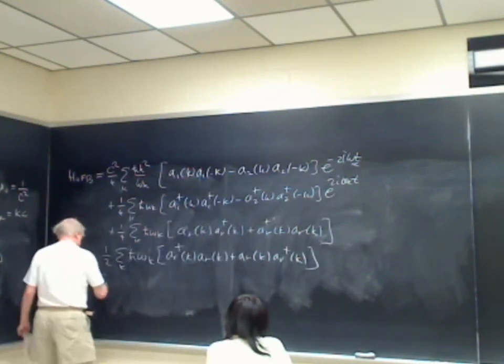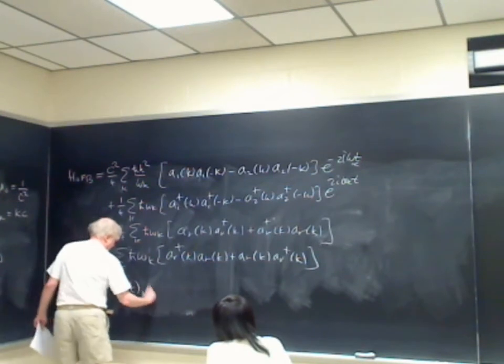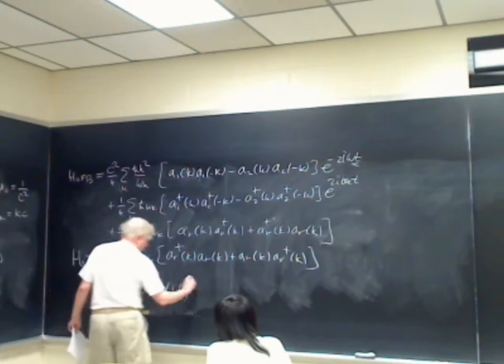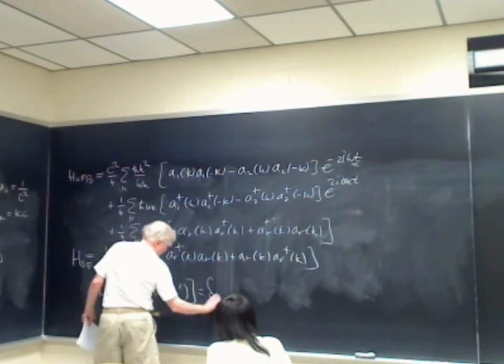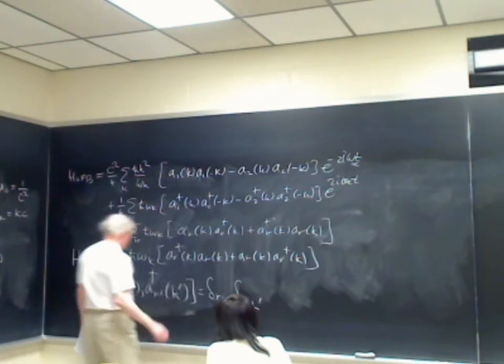And remember the commutation relations that we have are a sub r of k, a sub r prime of k prime dagger is delta r r prime delta k k prime.